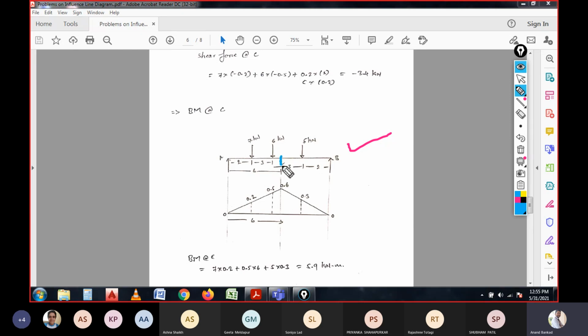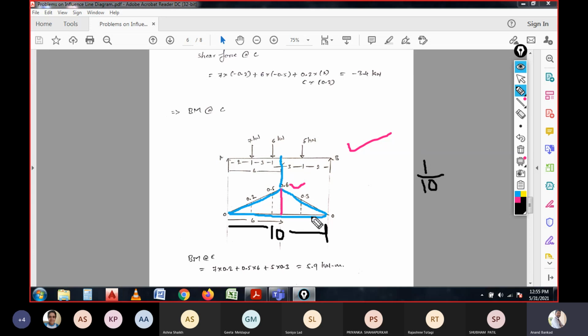Whenever we are going to calculate for a particular height, a particular section, the most important thing has to be remembered. Now this is the triangle. So how we have obtained this 0.6 is: the total is 1 by 10, the total span is 10 meter, right?